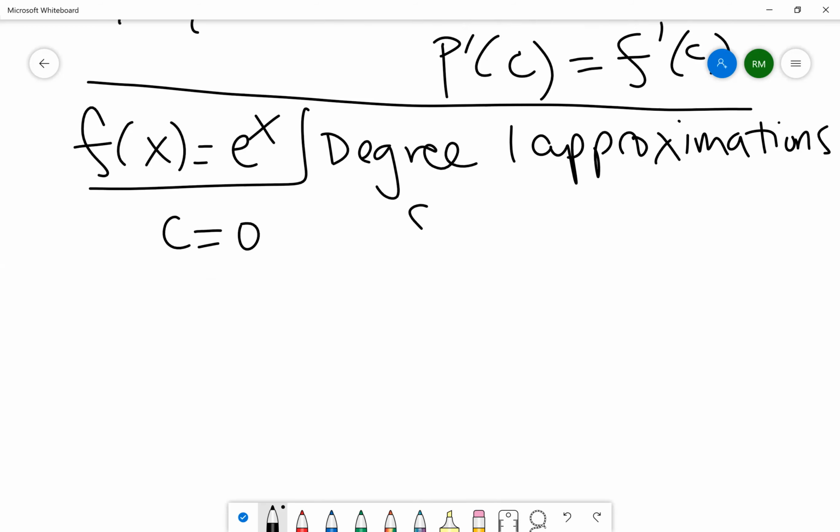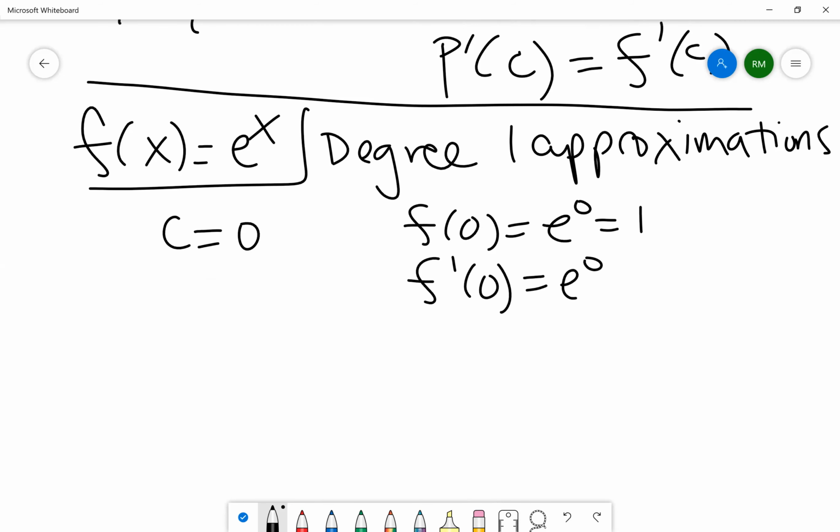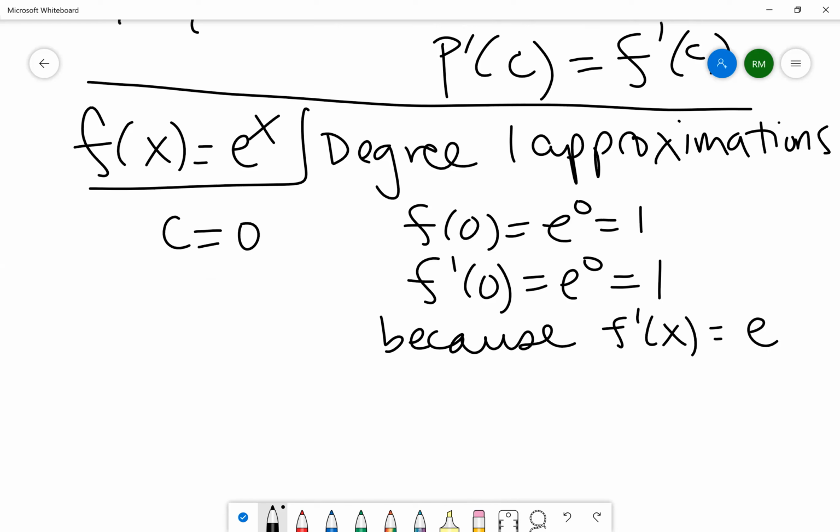Well, we need to know what f of 0 is. f of 0 is e to the 0, which is 1, and f prime of 0 is also e to the 0, which is 1, because we all know that the derivative of e to the x is still e to the x.